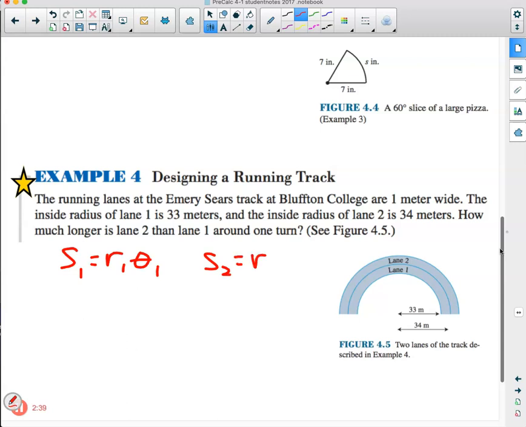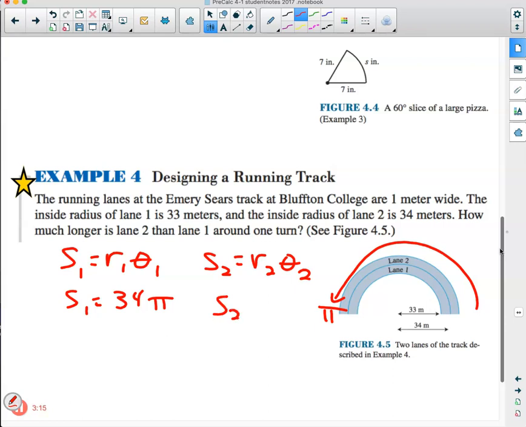So I'm going to use a little subscript here to separate those two. We have 2 different lanes, so we have 2 different arc lengths that we're going to look at. But theta for both of those is going to be pi, because we definitely have gone 1 pi. So let's do the outside lane first. That one has a radius of 34 meters, so 34 pi.